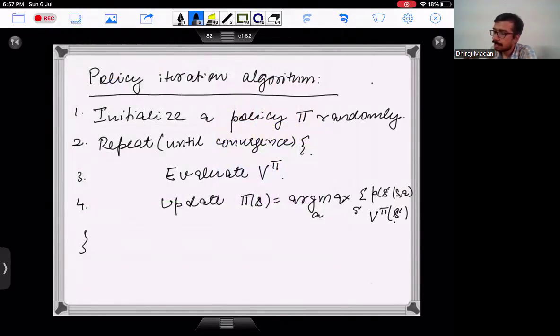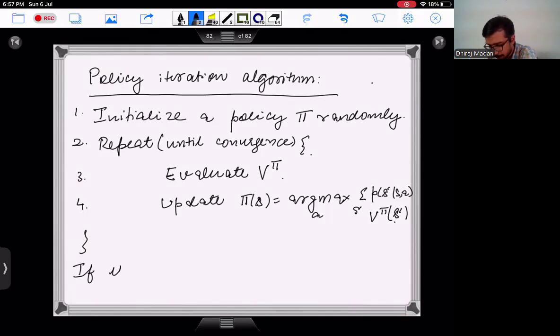Now the claim is that if the above algorithm converges, then V pi is the optimal value function, with pi as the optimal policy. The proof is something we have already seen, because the two steps we are performing are the same as the ones we discussed for V being equal to V pi in the last two or three slides.